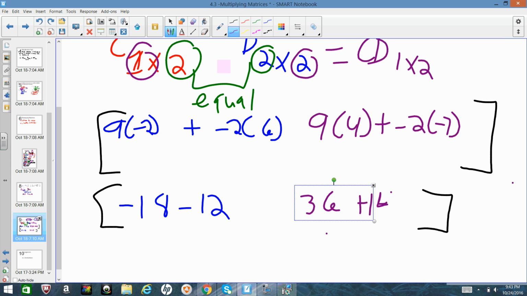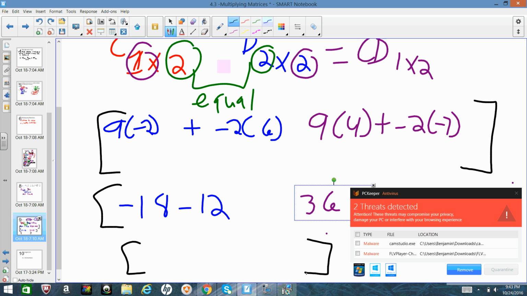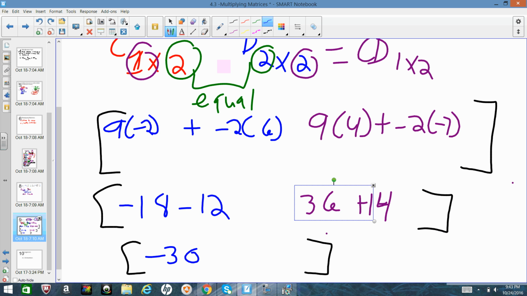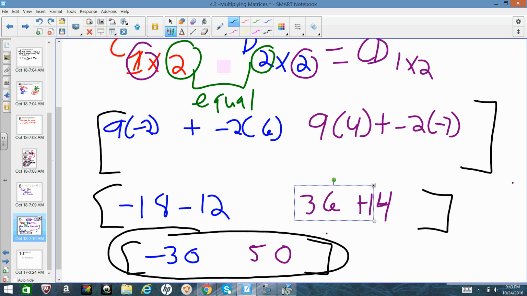And finally, when I calculate this out, I would have a negative 30. And in purple, I would have a 50. So again, this would be my final answer.